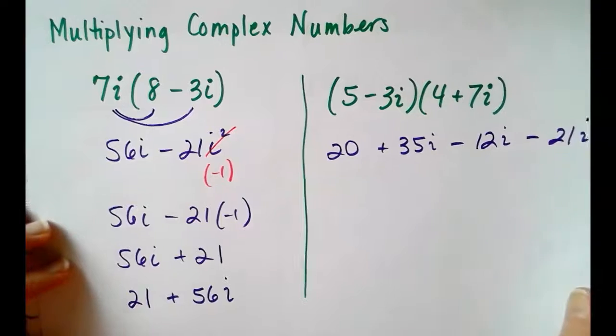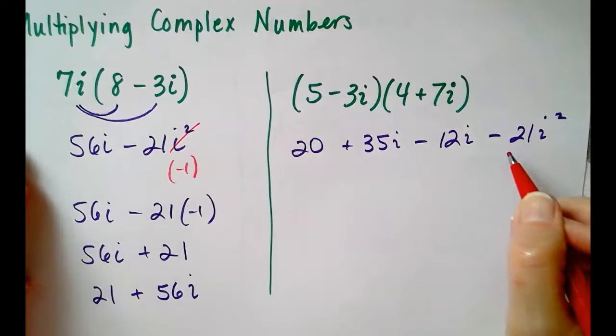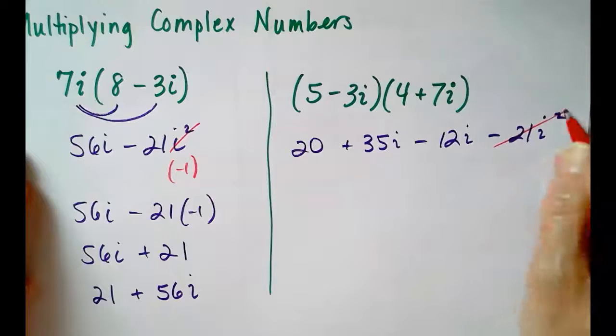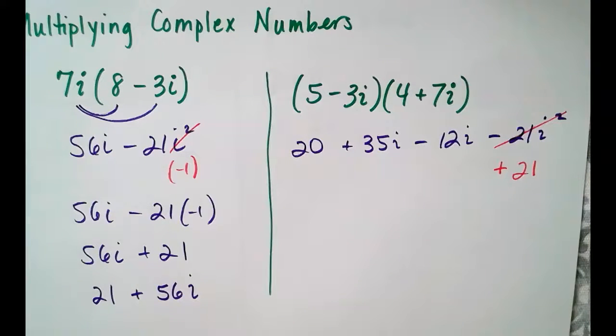Every time we see i squared, we know that negative 1 gets substituted in. So the easiest way to deal with that is that this minus 21i squared is simply going to become plus 21 on the end.